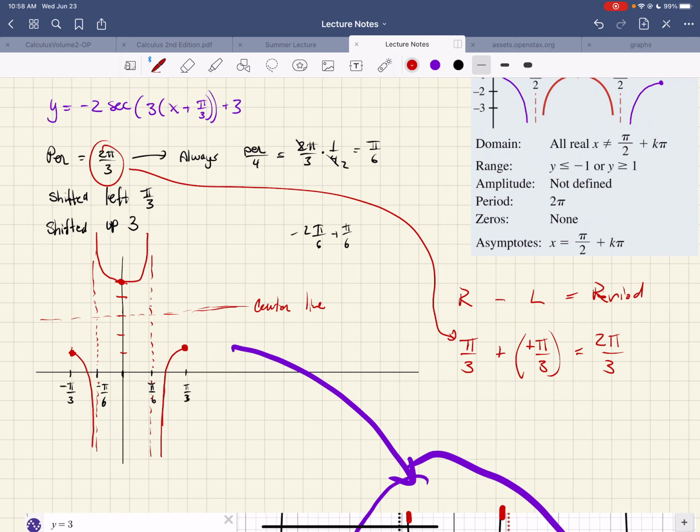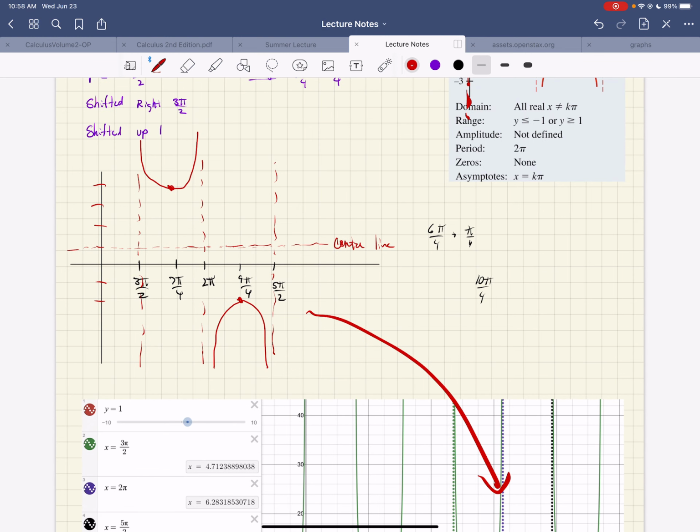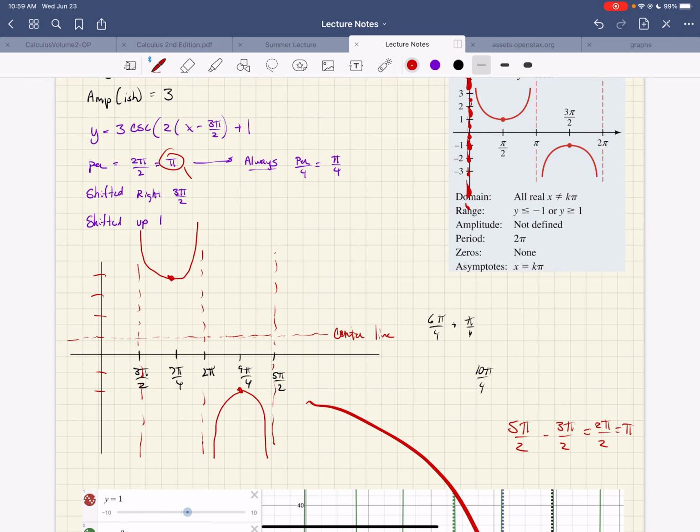So let's just check it now since I brought it up. If I take 5 pi over 2 minus 3 pi over 2, that's 2 pi over 2, which is pi. And right here, we said that the period was pi.